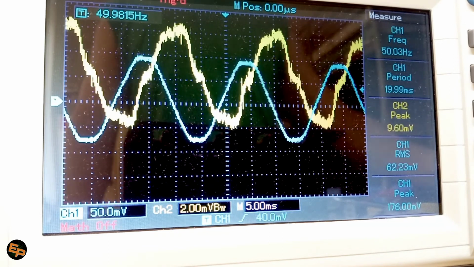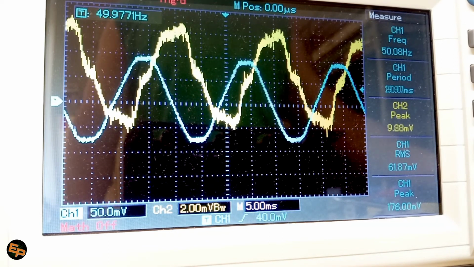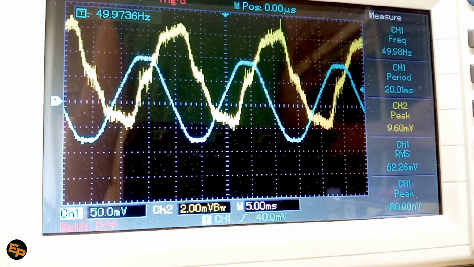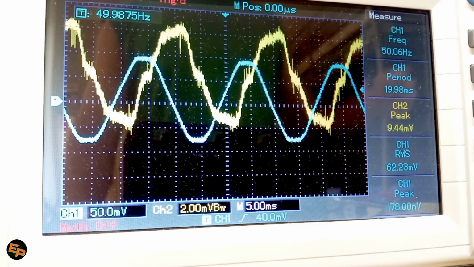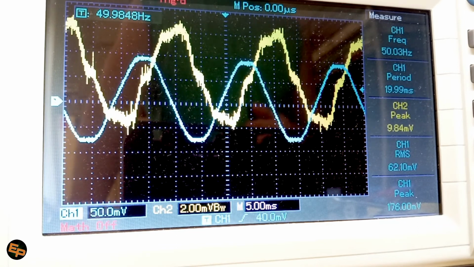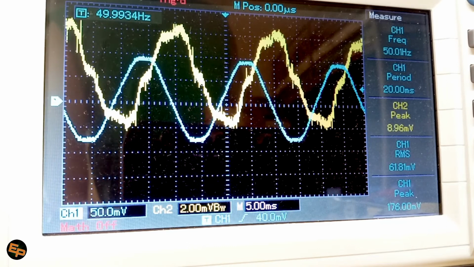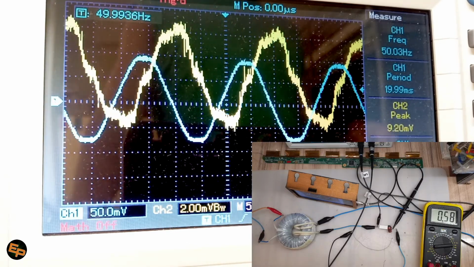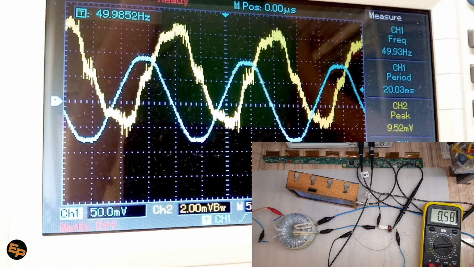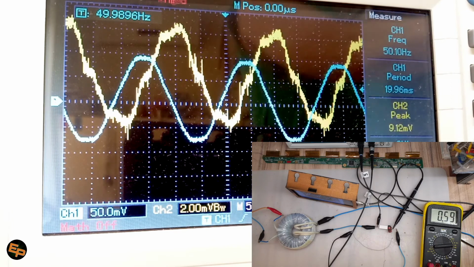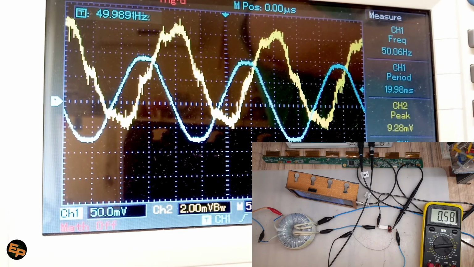Anyway, we will be looking more at the peak voltage rather than the RMS voltage, most likely. So anyway, let's move up the current. Let's have it draw some more. Just a second.